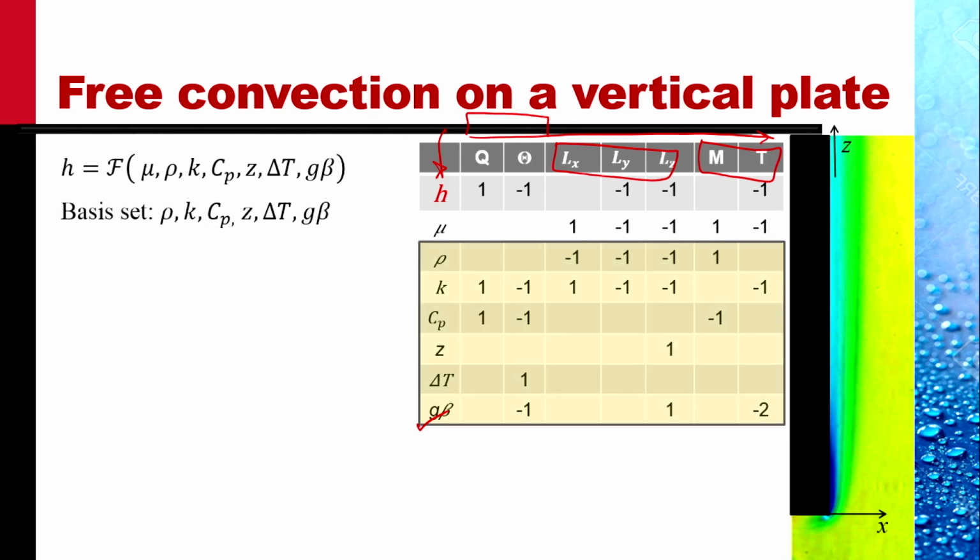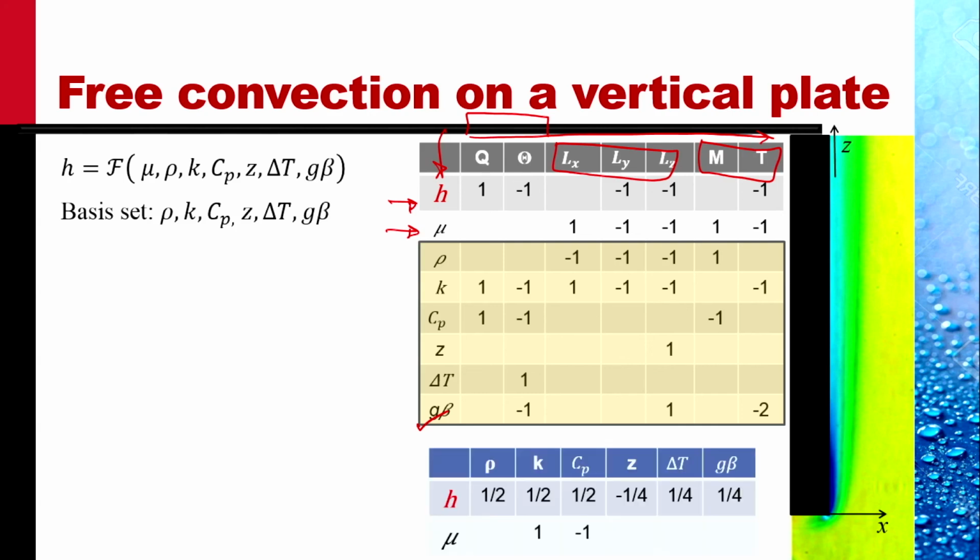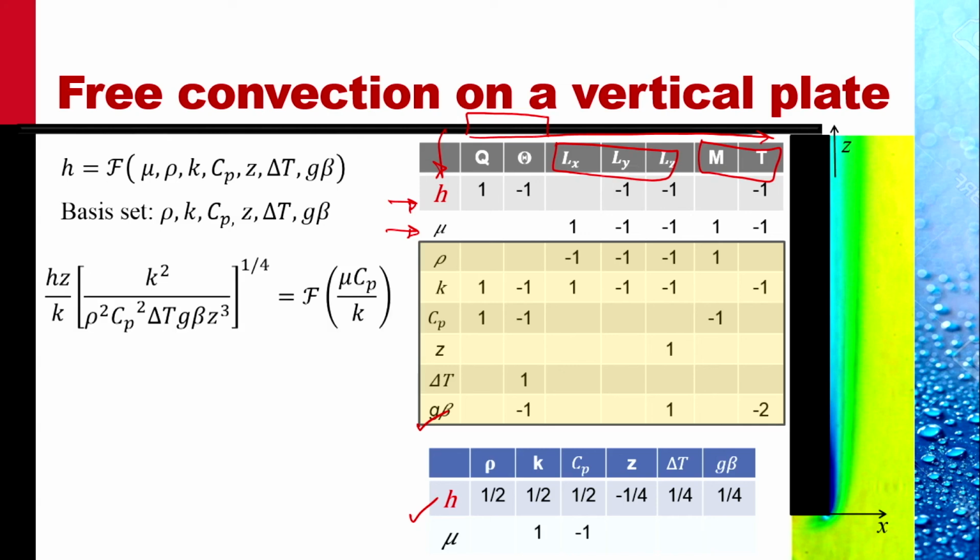We use the 6 quantities as the basic set, and then we have only 2 other quantities left, one dependent and one independent. And we can formulate their dimensions in terms of the basic set as in this table, and then can write the functional relationship.